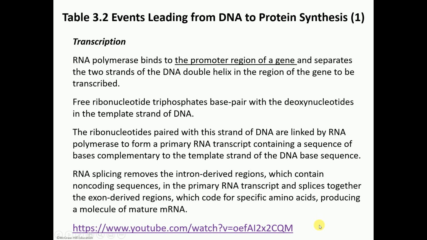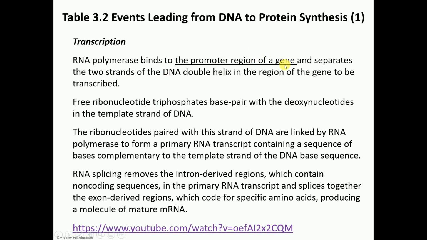Your first process is transcription, which is under the control of the enzyme RNA polymerase. If you break down the name, ase means enzyme, and whenever you find the word ase, you're talking about an enzyme. Polymer is a big molecule, and RNA is RNA. So this enzyme is going to make a big molecule of RNA. It will bind to the promoter area of a gene.